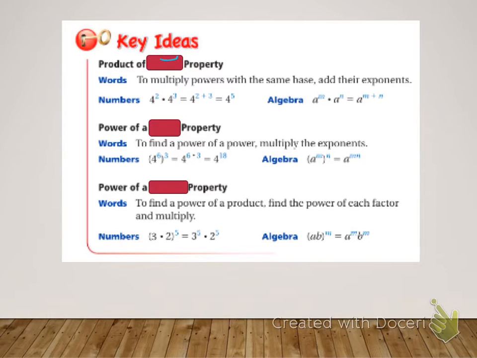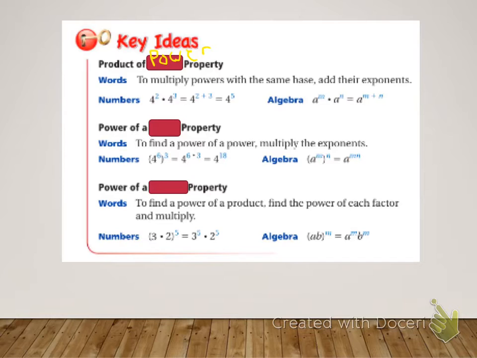What this is called is the product of powers property. In other words, we multiply powers with the same base. Remember, the base is the same, and then we just add their exponents.